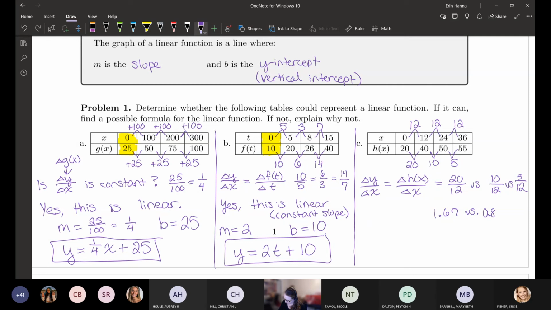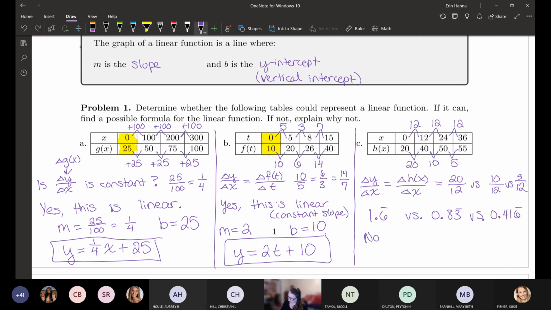Also, it might not always be super clear. The denominators might be different as well, so you might have to change them over to a decimal to see whether or not they're the same. So if we change all of these over to decimals, this is technically 1.6 repeating. It is then very clear that those are not the same number.